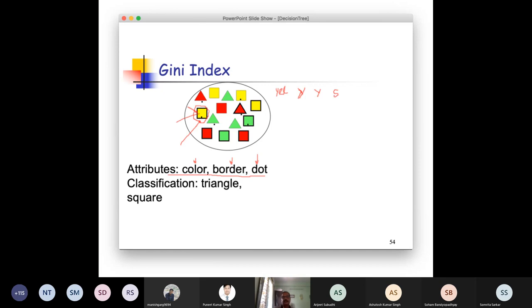From each sample you can get this kind of training example. So how many are there? You have 4, 7, 8, 11, 14. There are 14 samples. Now we are trying to compute the Gini index based on different attributes, say the attributes color, border, etc.